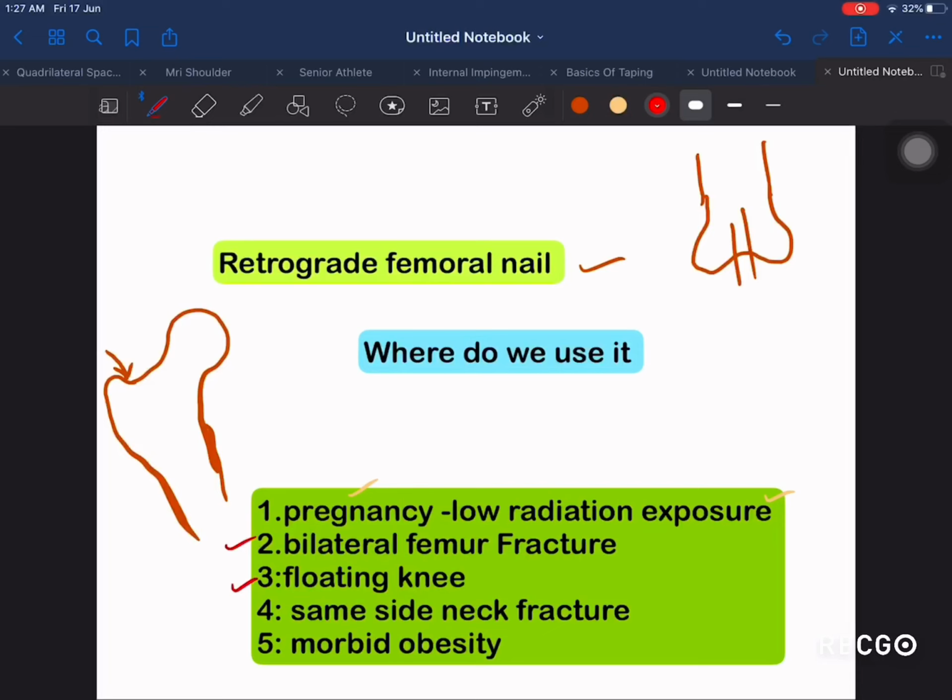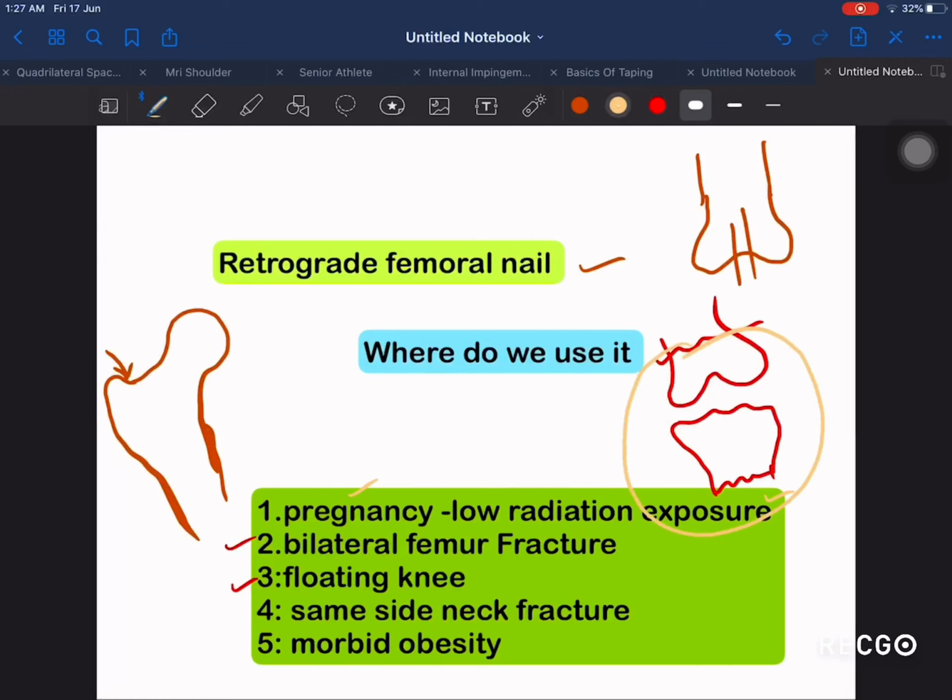And the third is the floating knee. The floating knee means when the tibia also got fractured and the femur also got fractured. So this way, this component is floating.